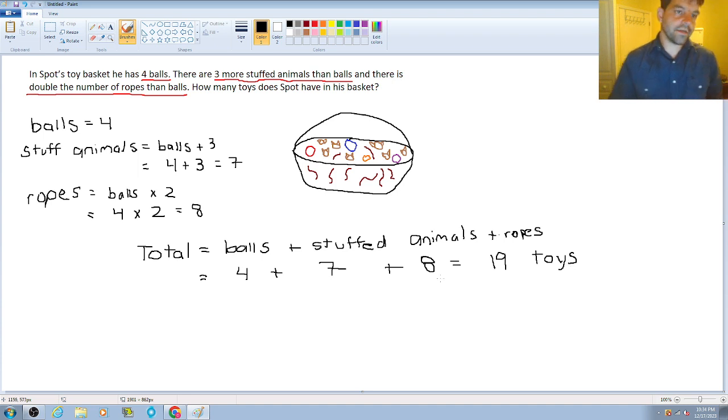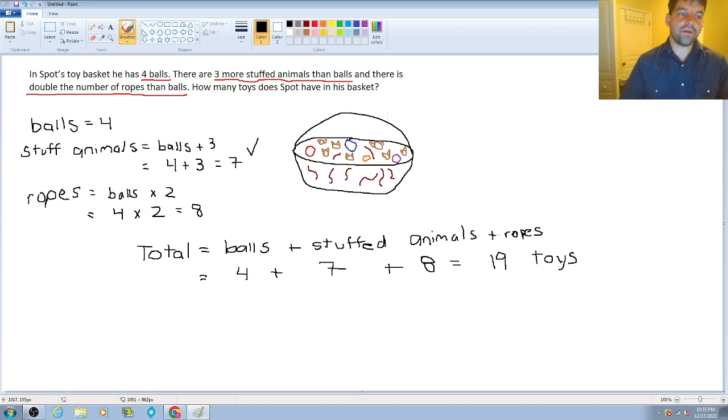Now, to check your answer here, there's a couple things that you can do, but again, it's just in relation to the toys in relationship to the balls. Okay, so it says that there are 3 more stuffed animals than balls. So what that also could mean is that there are 3 less balls than stuffed animals. So you can reword it if you wanted to in that case. But 3 more than 4 is 7, so that checks.